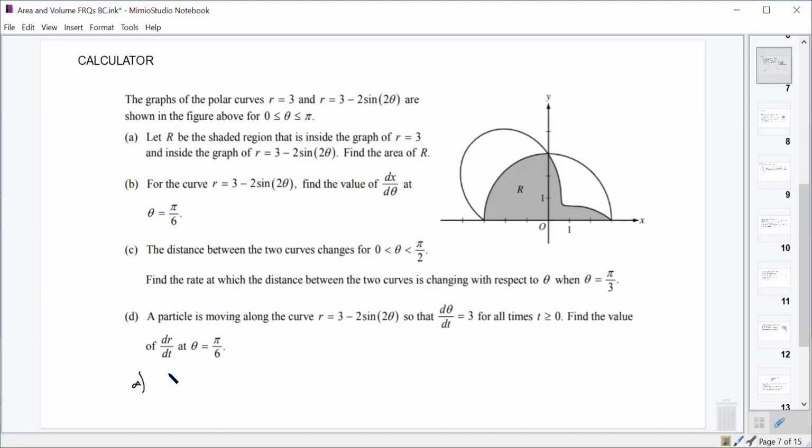So for part A, we'll have 1/4 of pi times our radius squared, 3 squared. That's quadrant 2. And then plus the integral of 1/2 of the outer radius squared from 0 to pi over 2, so of 9, and then minus the inner one.